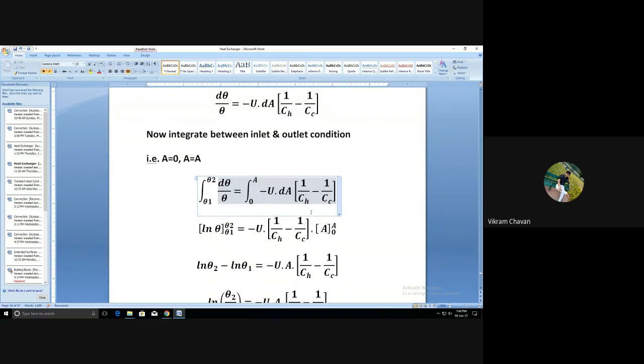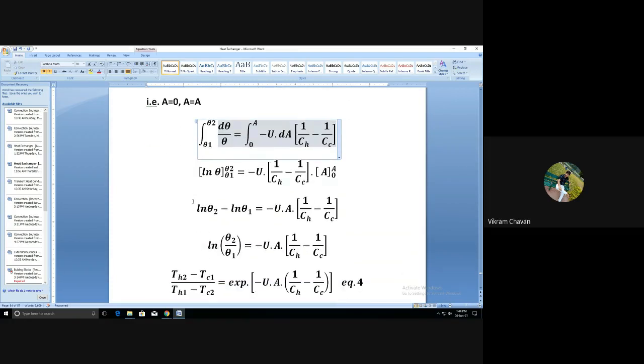Okay. Then integration of 1 upon theta is ln of theta and integration of dA is A. Provide their upper and lower limits, theta 1 to theta 2 and 0 to A.